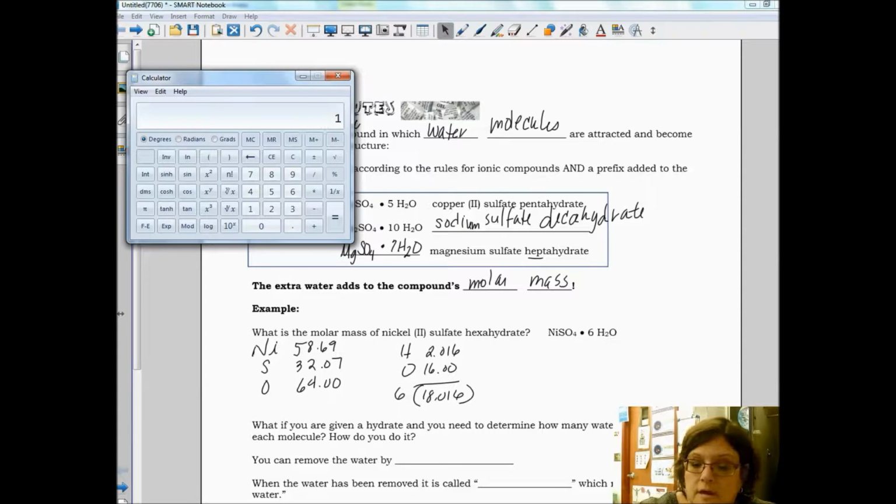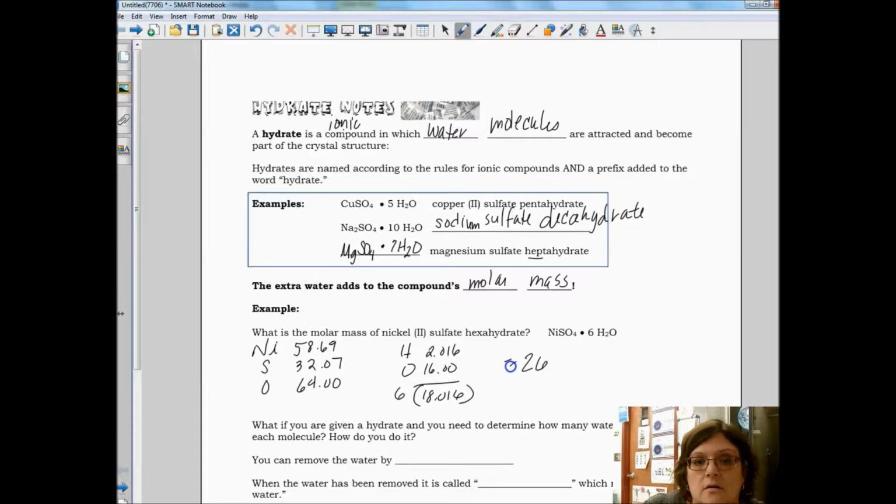So we have 18.016 times 6, 108. We're going to add that to the nickel, 58.69, plus the sulfur, 32.07, plus the oxygen, 64. 262.856 per one mole.